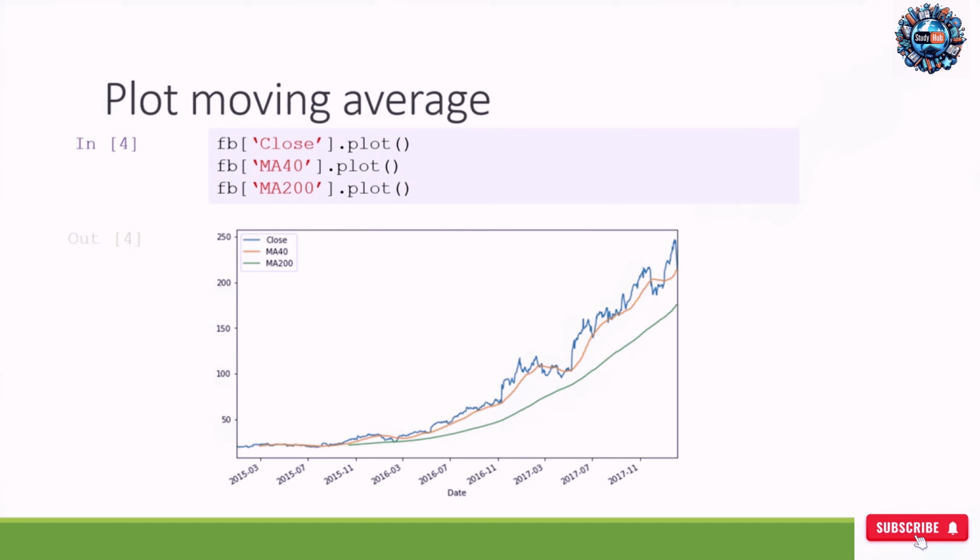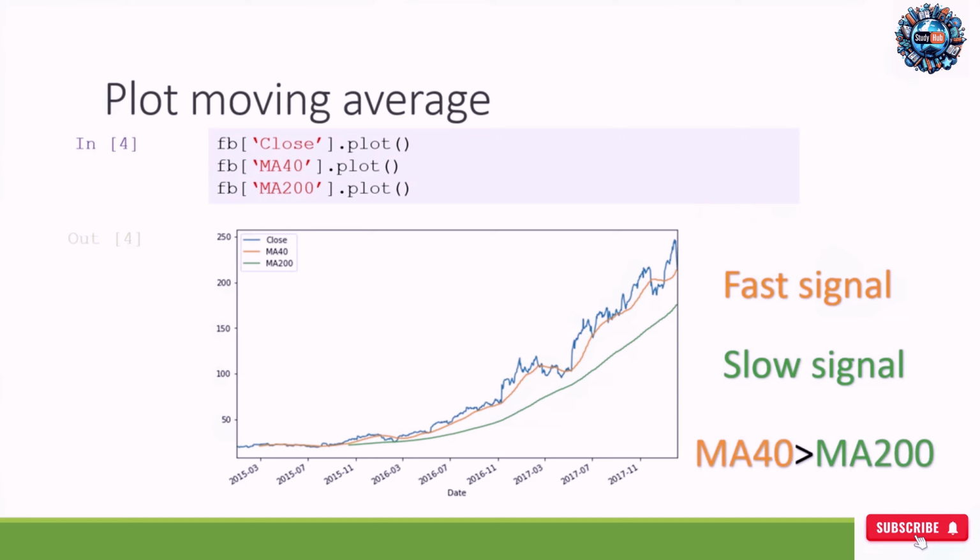Moving average 40, which is colored as orange, is more closely associated with close price than moving average 200. Hence, we call moving average 40 a fast signal and MA200 a slow signal, which reflects the price over a long history. If MA40 is above MA200, some traders, who we call trend following traders, believe the stock price will move upwards for a while.